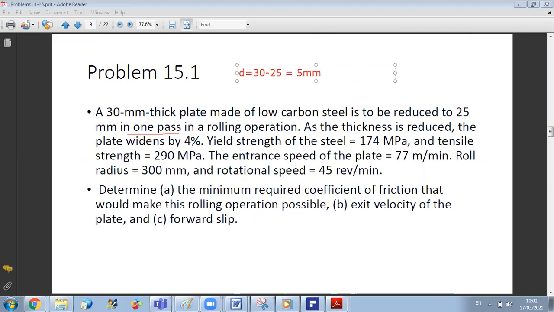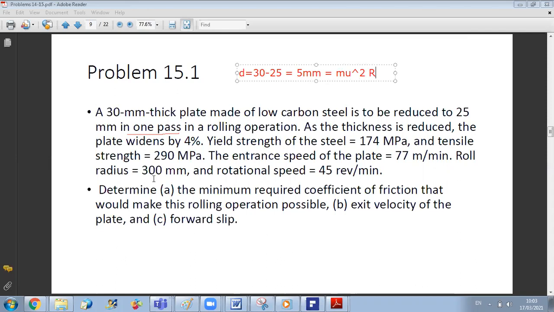Okay? I should calculate what should be the minimum coefficient of friction to achieve this operation in one pass. So I know that the maximum draft possible per operation is equal to mu square, which is the friction coefficient square, times the radius of the rolls. Now concerning units, mu is without unit, and R should have the same unit as d.